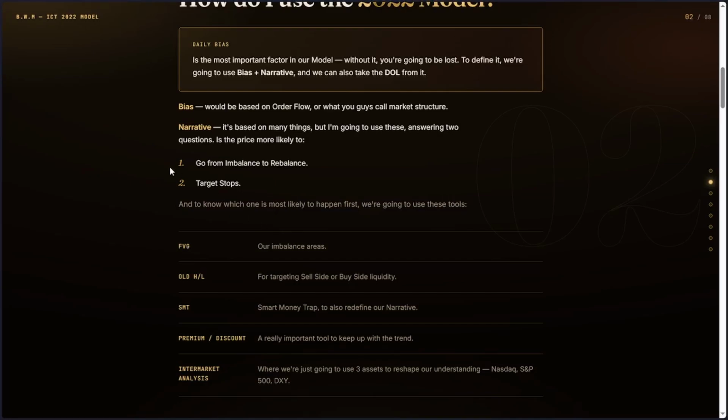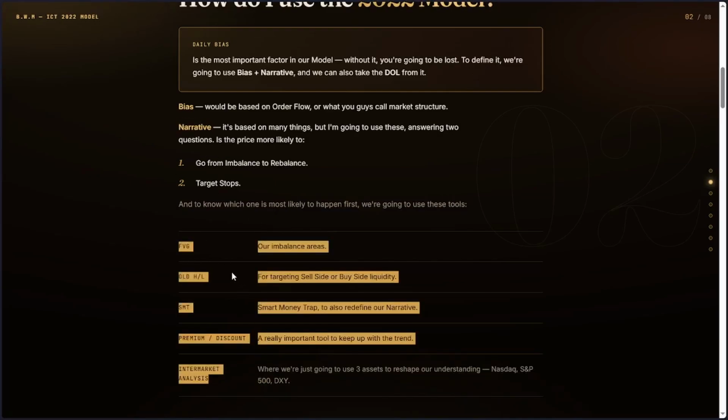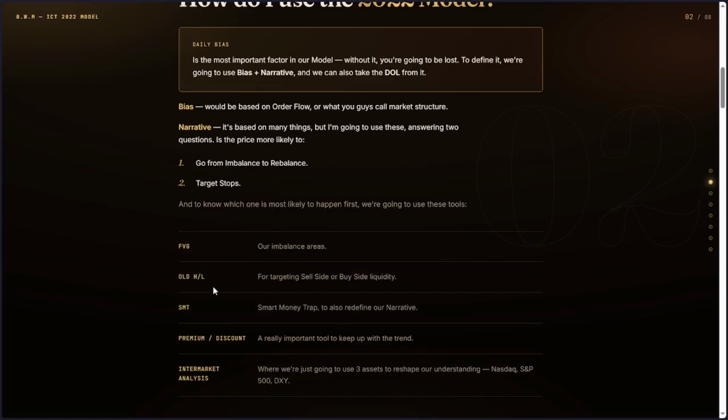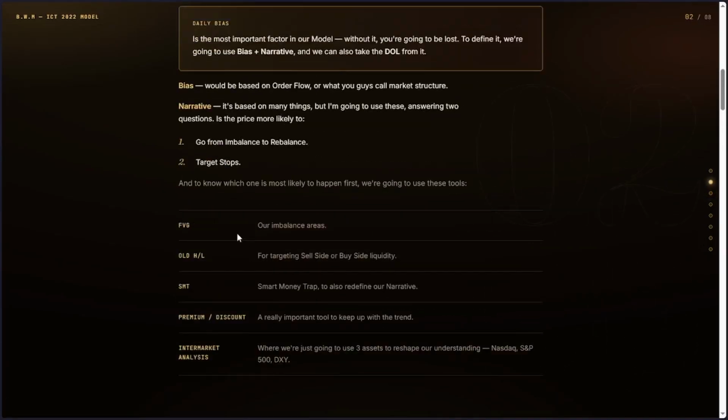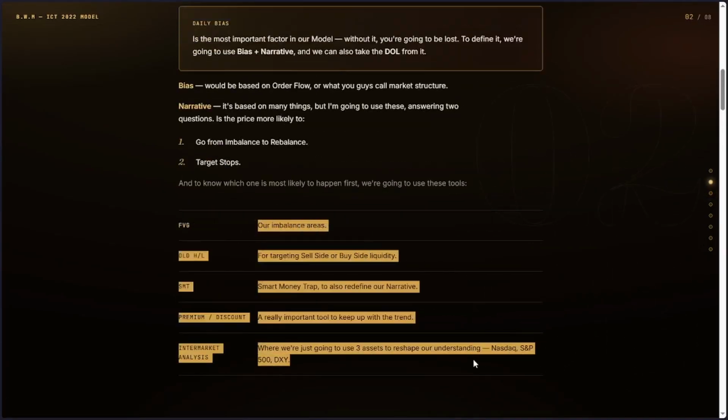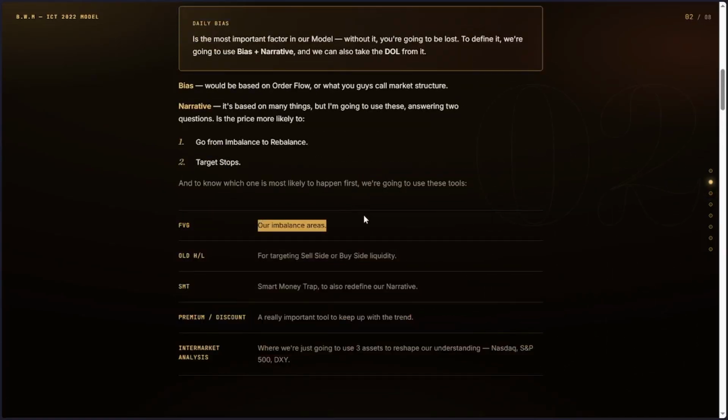So by doing the narrative, we're going to use all those tools: the fair value gap, old highs and lows, SMT, premium and discount, intermarket analysis. All of those PD arrays are going to help us. We can use some extra PD arrays like order block, breaker block, rejection block, etc., but the main ones are going to be these, okay?